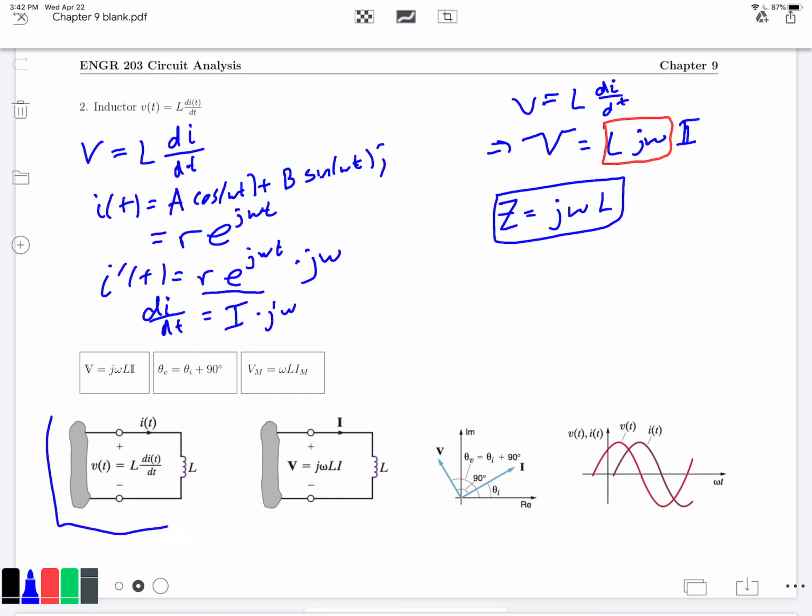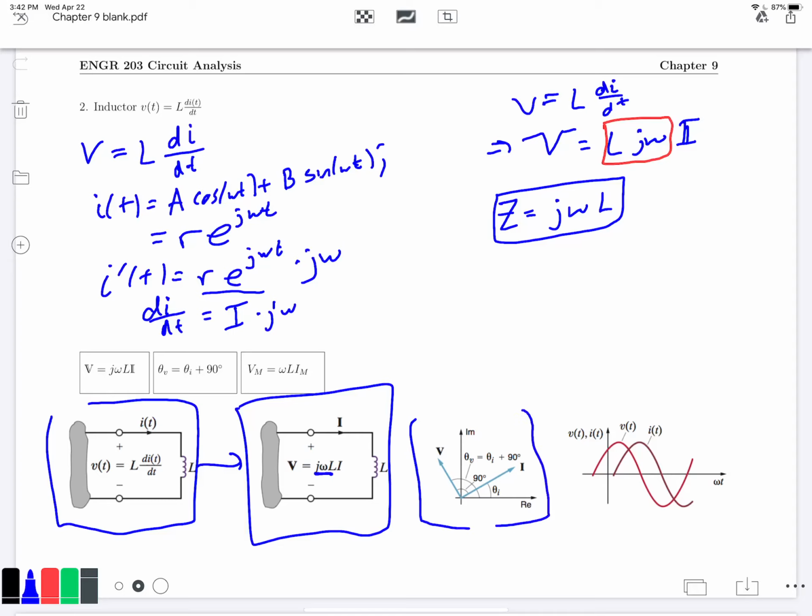So that means if we take our regular circuit and convert it to phasor, now we have the impedance j omega L. And if you were to graph that, then when you multiply a complex number by j, it's going to have a 90-degree shift.